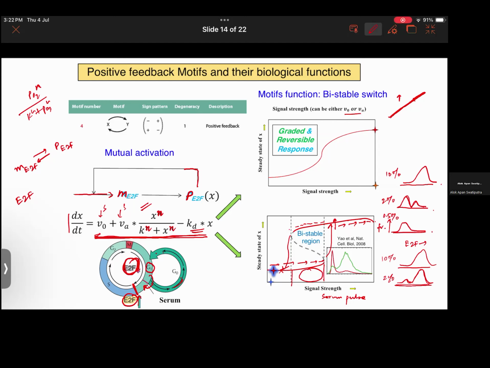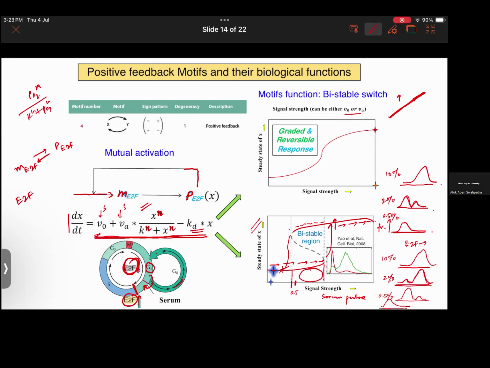And when they brought it down to 0.5%, there was still a population. Only when they dropped it much further did they get a perfect low.